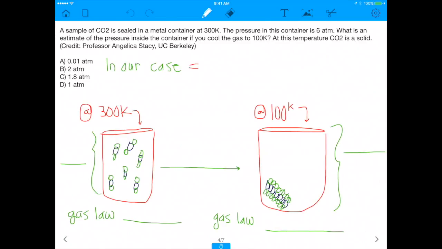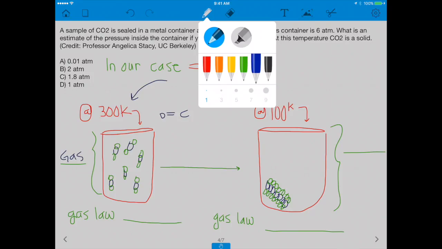I want to make sure you understand that conceptually, but I also want to make sure you can visualize it. In our case, we have two different samples: one at 300 Kelvin and another at 100 Kelvin. At 300 Kelvin, we have a gas. I drew this blue dot as a carbon and the green dots as oxygen.